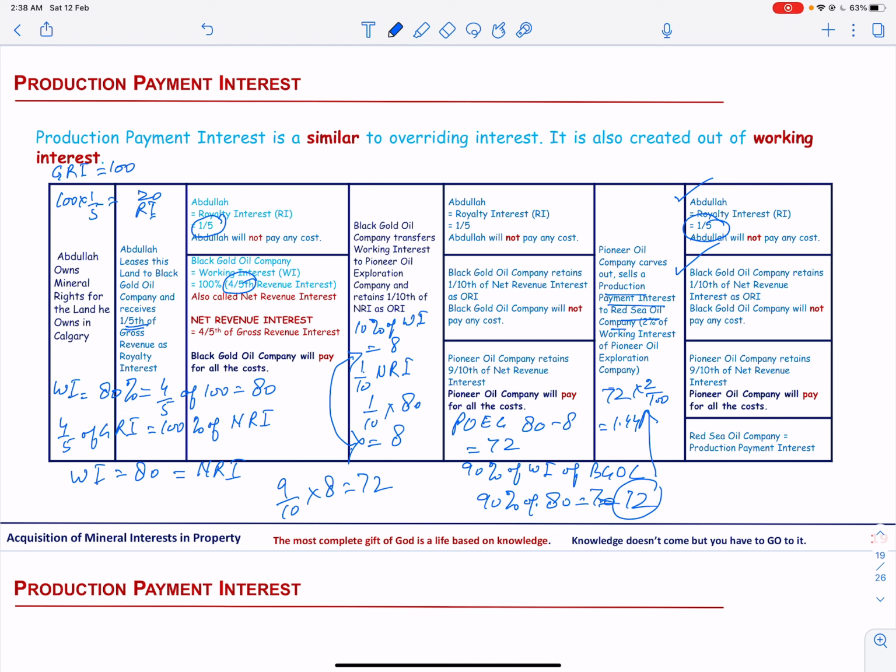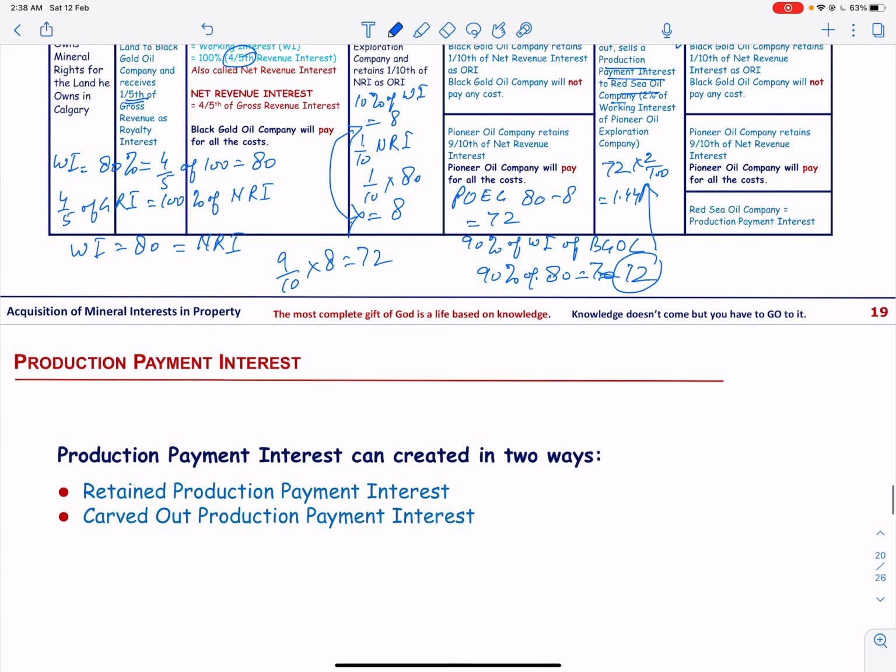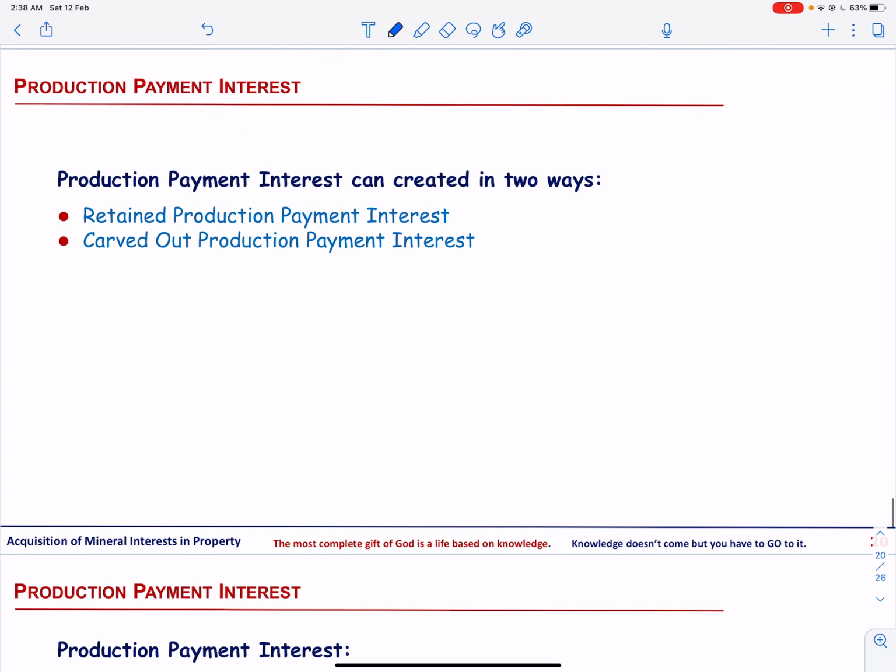Next, let us talk about types of production payment interest. Production payment interest can be created in two ways: retained production payment interest and carved out production payment interest.